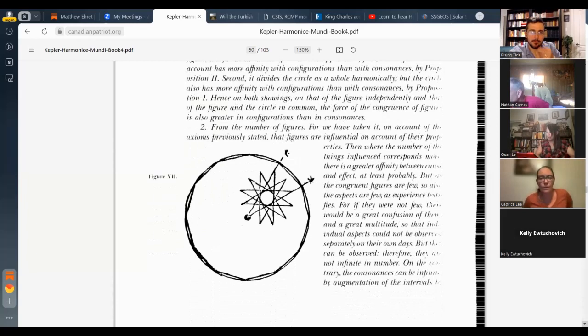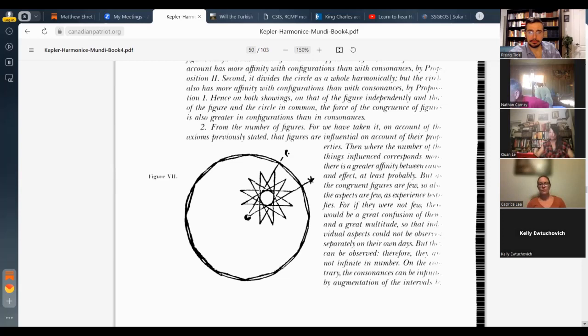From the number of figures, for we have taken it on account of the axiom previously stated, that figures are influential on account of their properties. Then, where the number of the things influencing correspond more, there is a greater affinity between cause and effect, at least probably.